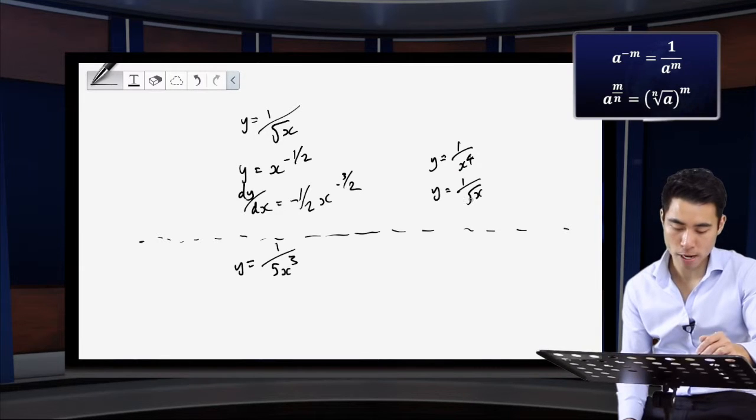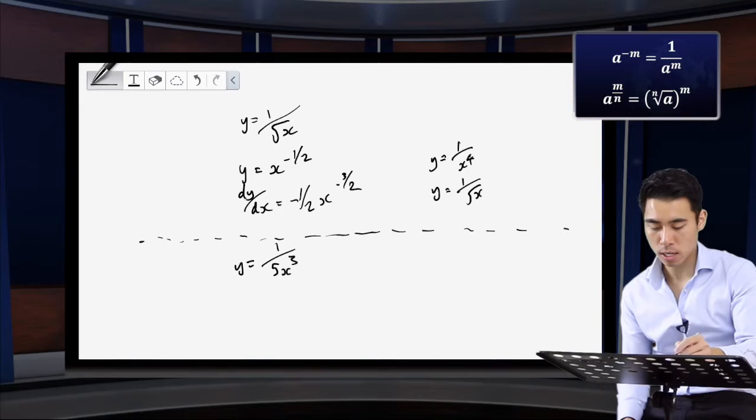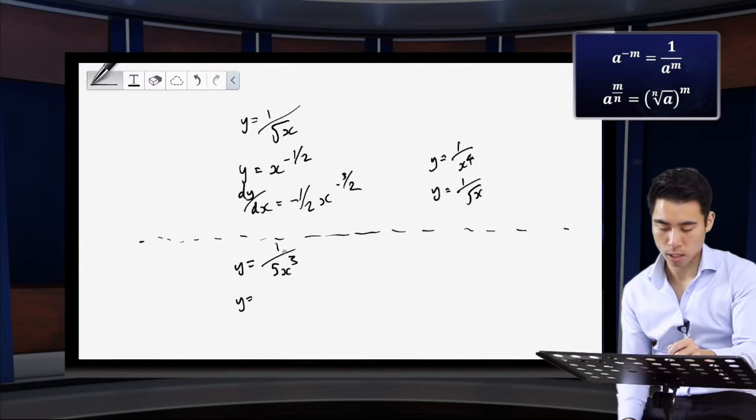There's no coefficient on my x in the numerator of that fraction. When this is the case, first step, you want to get rid of that denominator, that coefficient in front of my x there. How do I do that?